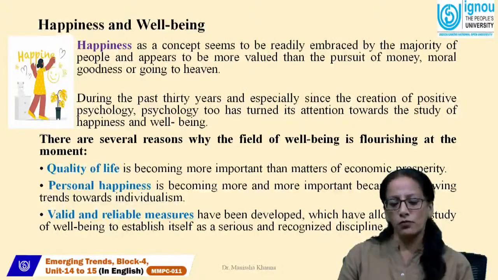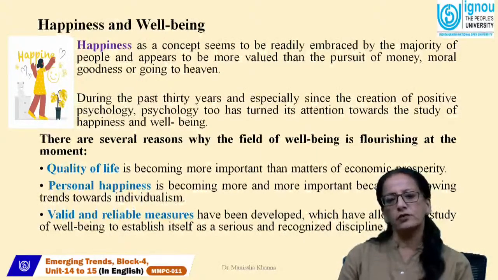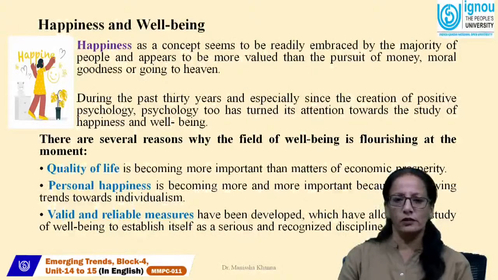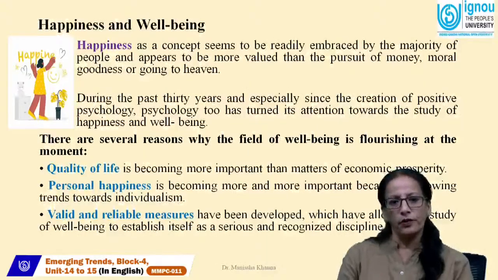That becomes more and more important because of growing trends towards individualism. Individualism refers to self happiness, self care, and well-being about ourselves. The third reason is valid and reliable measures.